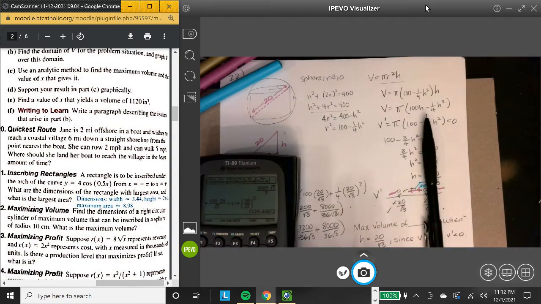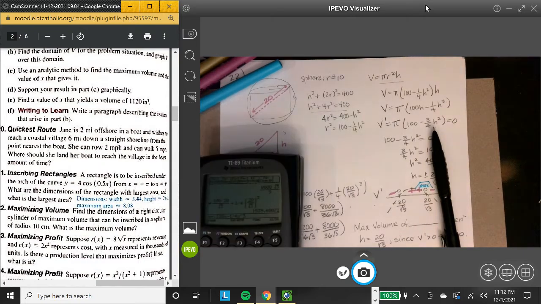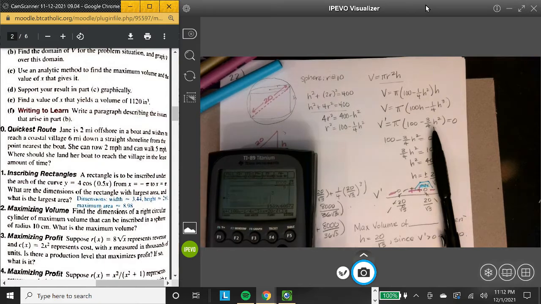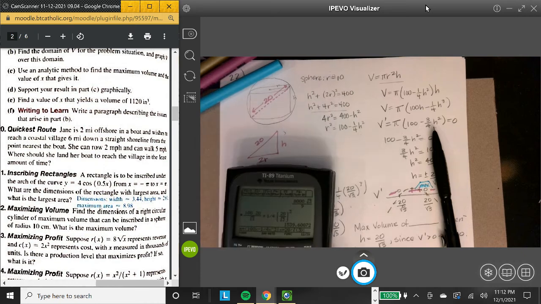So I'm going to go second pi times parentheses 100 x minus 1 divided by 4 x to the third such that x equals 20 divided by square root 3, close the parentheses. Where did I? Uh-oh.